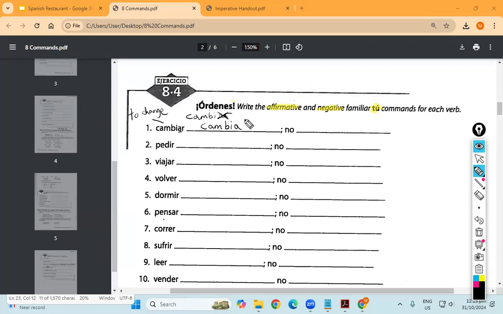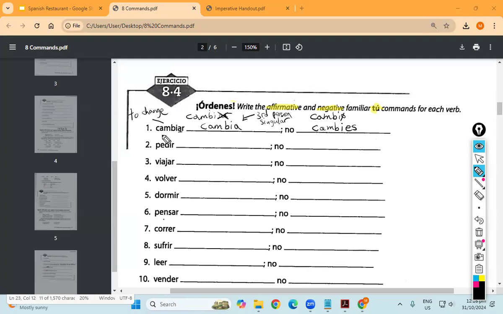Okay, the third person singular. Right. For the no form, that's when we go to the subjunctive. That's when we go to the opposite ending, right? All right. So now I go back to my cambio, take off the O. So my stem is C-A-M-B-I, and I add the opposite ending: no cambies.